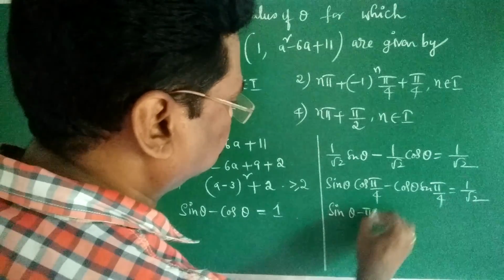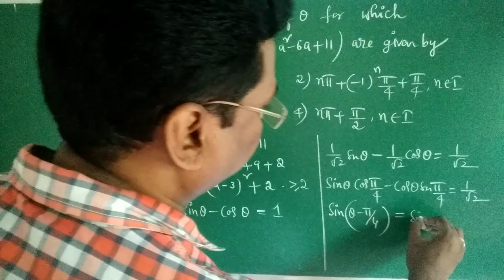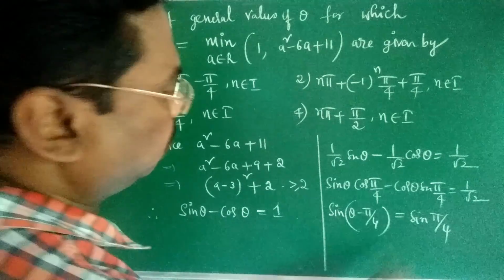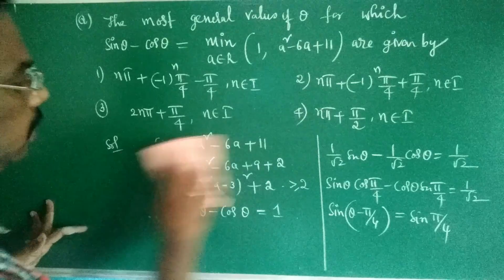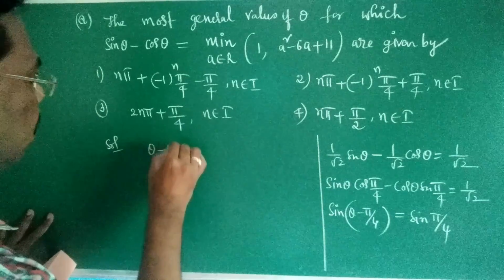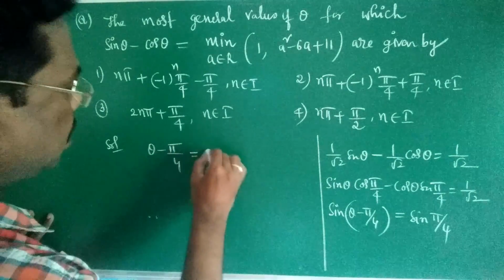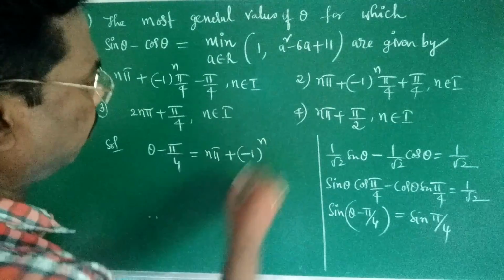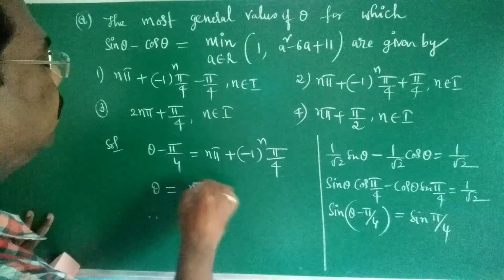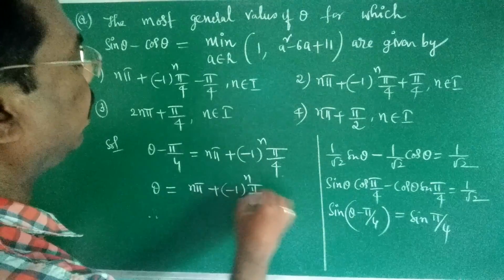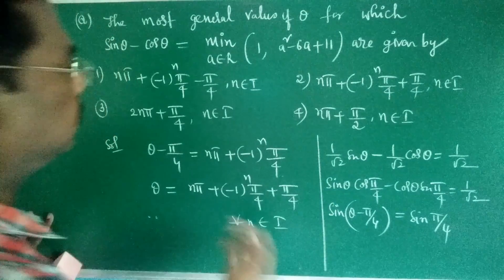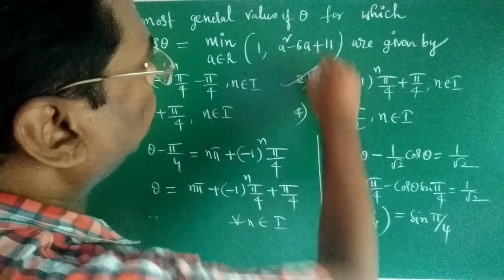Now sin θ = sin α, general solution θ = nπ + (-1)^n α. So θ - π/4 = nπ + (-1)^n π/4. Therefore θ = nπ + (-1)^n π/4 + π/4 for all n belongs to Z. Therefore, option 2 is the correct one.